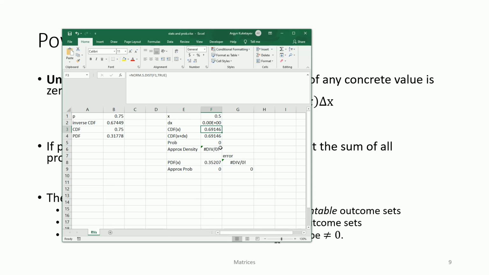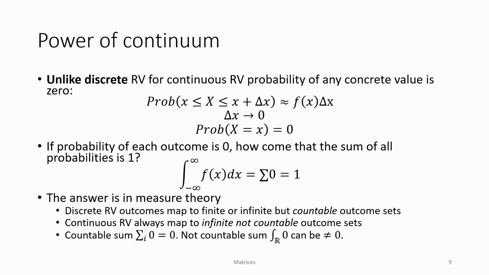All the other numbers get messed up, but the probability is 0. This is not a mathematical proof, but you get an idea. I'm just illustrating how this power of continuum works: how, because of the power of continuum, we are adding zeros and somehow the sum of zeros is not zero. So on this, we are going to finish this chapter.